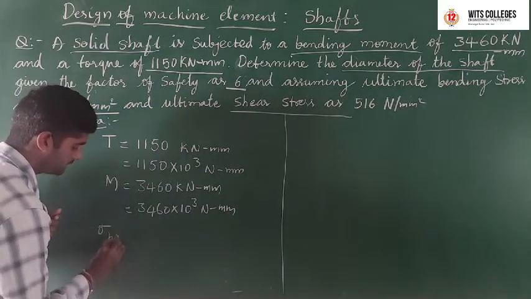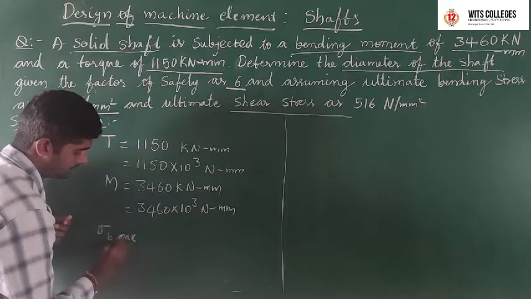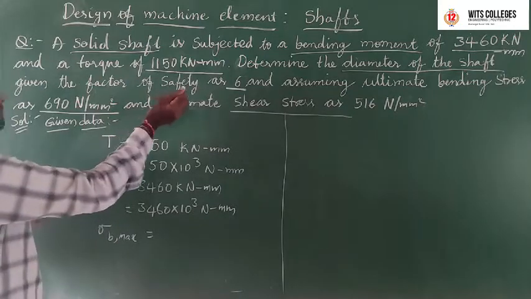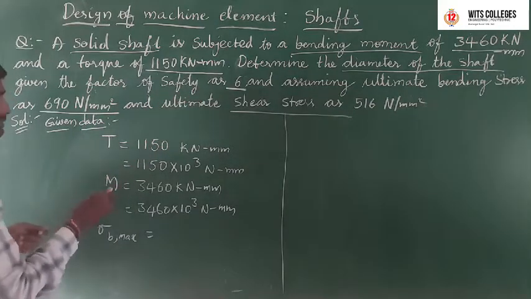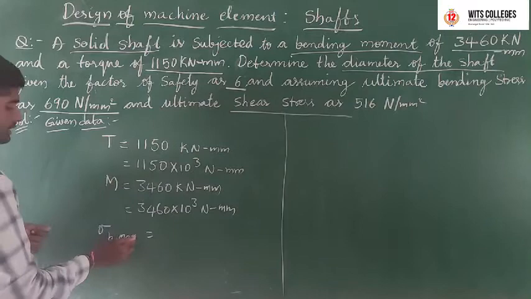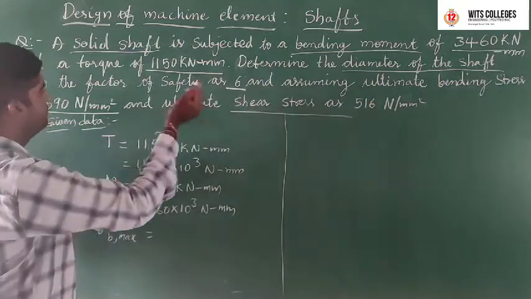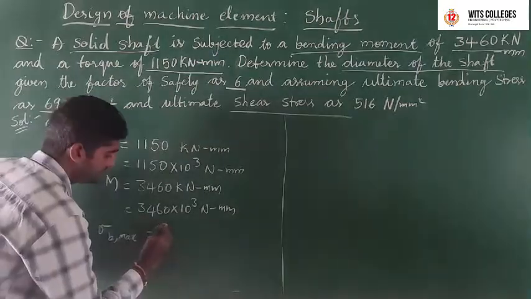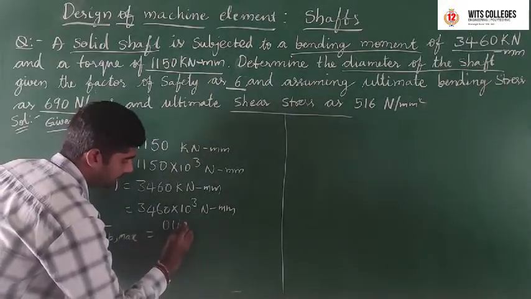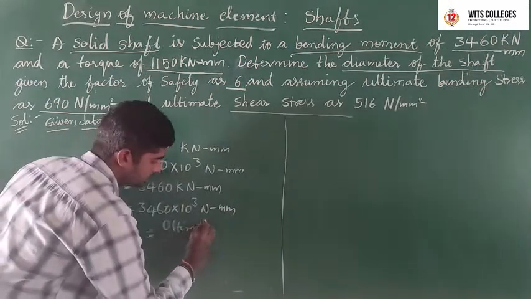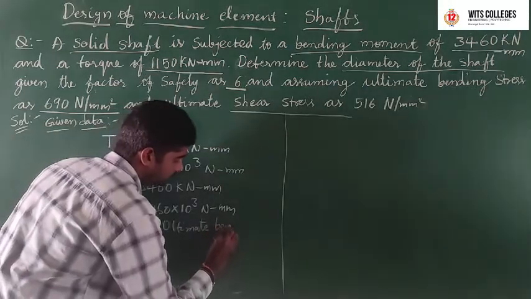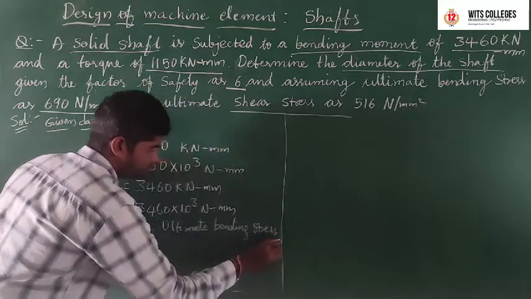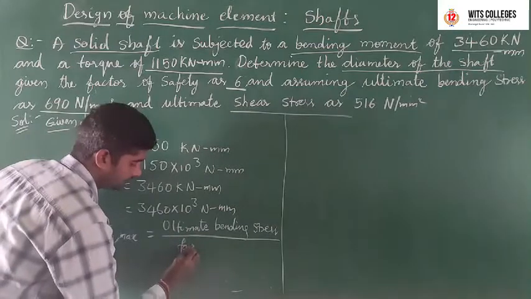Sigma max is equal to ultimate bending stress divided by factor of safety.